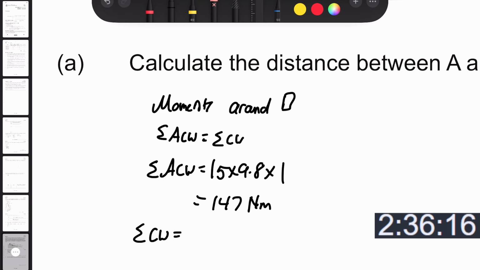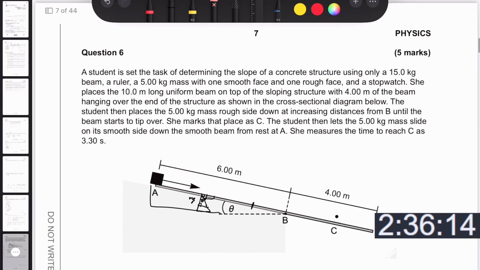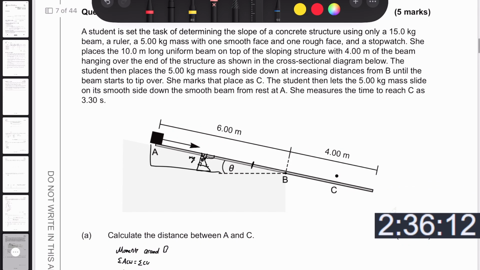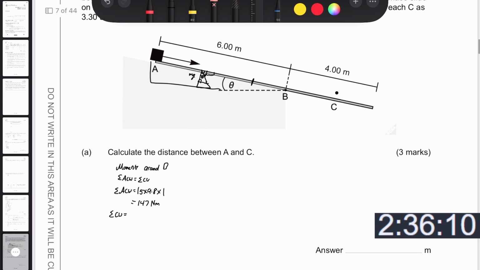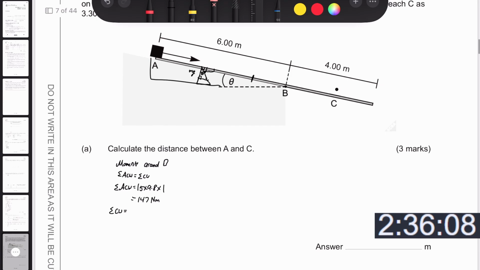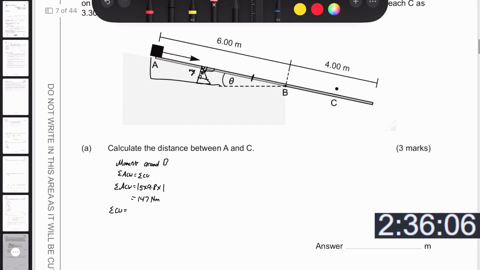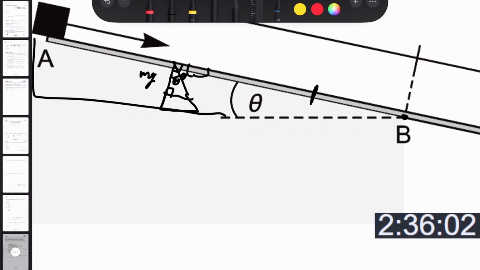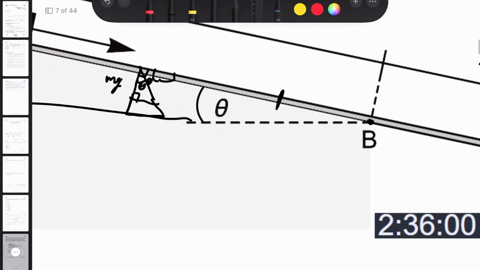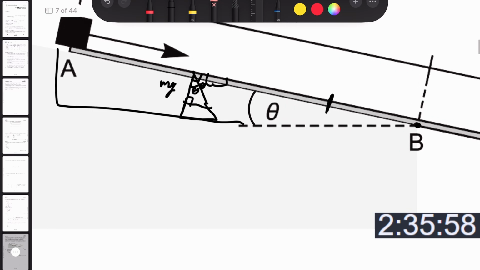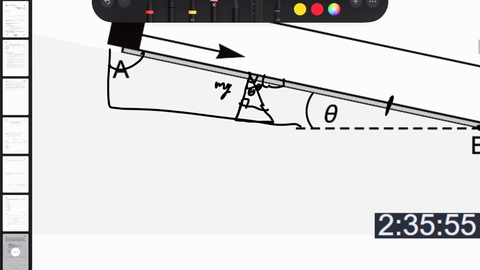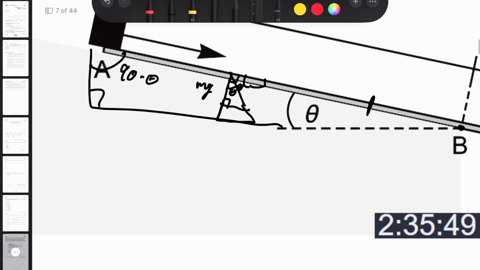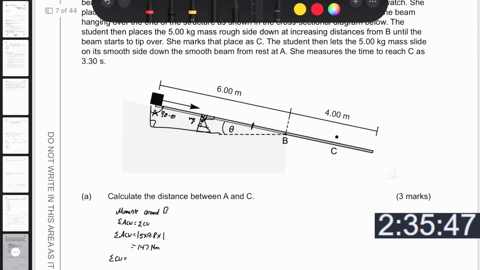The sum of the clockwise will be 5... But it's actually going to be sine of theta, isn't it? Because this is 90 minus theta. Perpendicular distance.